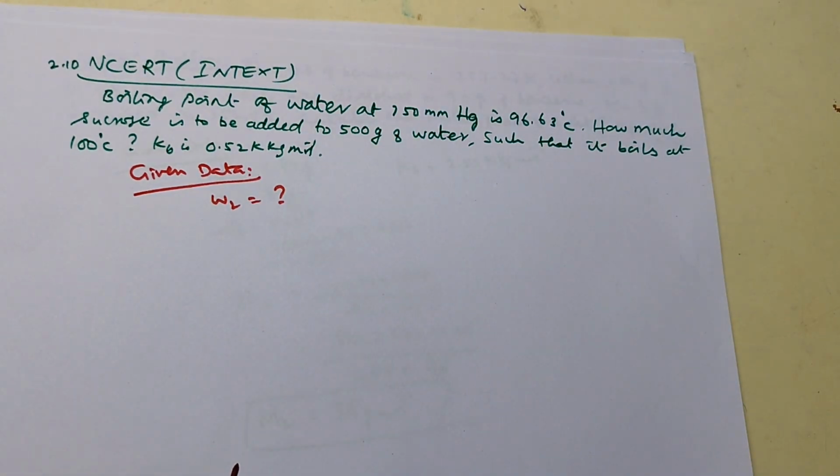What other data are given here? W1 is given, how much? W1 is 500 grams. And the boiling point of water at 750 mm is 96.63, whereas at 100 degrees centigrade is what they are asking in the question.